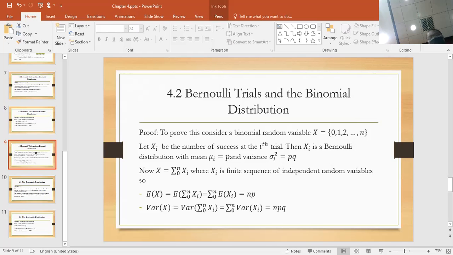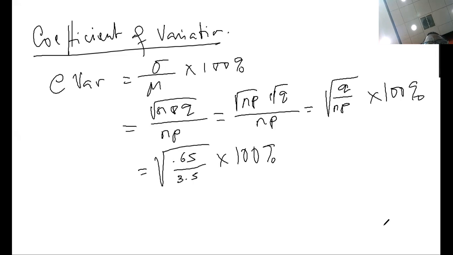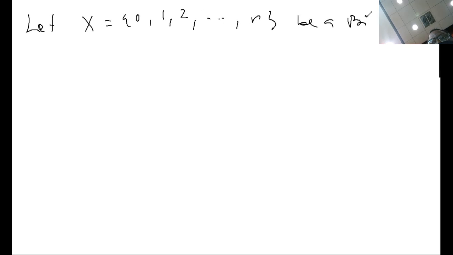I want to write it here so that if you want to check it out, you can see. Let x equal 0, 1, 2, up to n be a binomial random variable. So it means there are n trials.